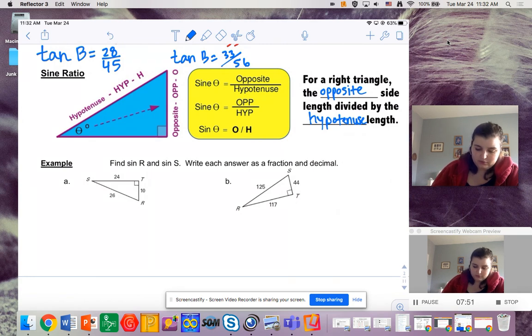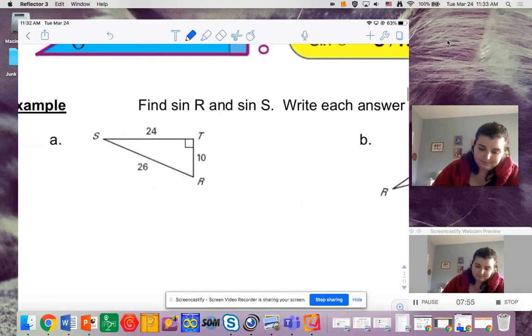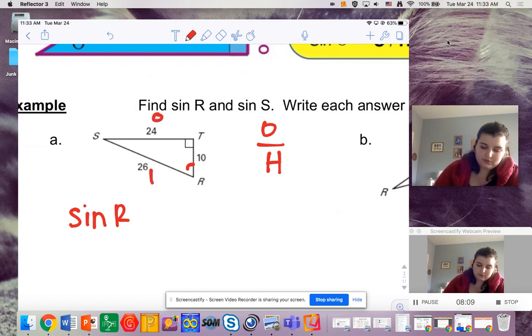Again, I'm just going to do one, and then I'll let you do the other. So sine of angle R. Now we're talking opposite over hypotenuse. Okay, so the opposite is 24, and hypotenuse is 26.